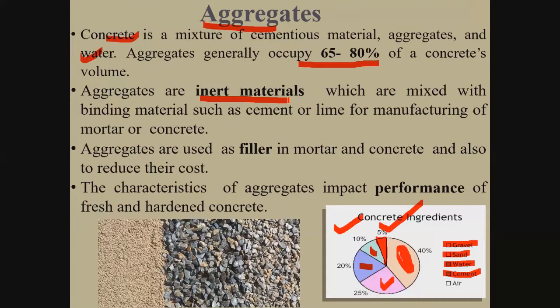Aggregates can also be used as a filler in mortar and concrete, and also to reduce their cost. As you know, aggregates are much cheaper than cement. So in order to reduce the cost, to make the concrete economical, and to fill the voids present inside the concrete or mortar, we are using aggregates as a filler.